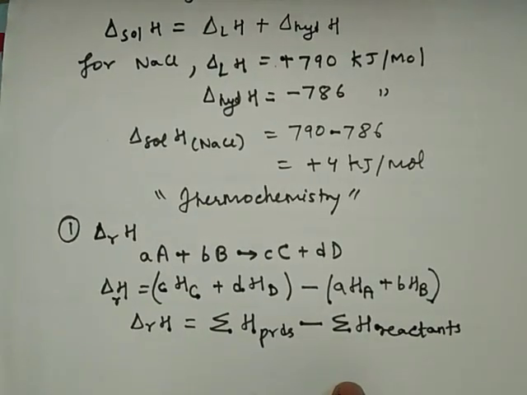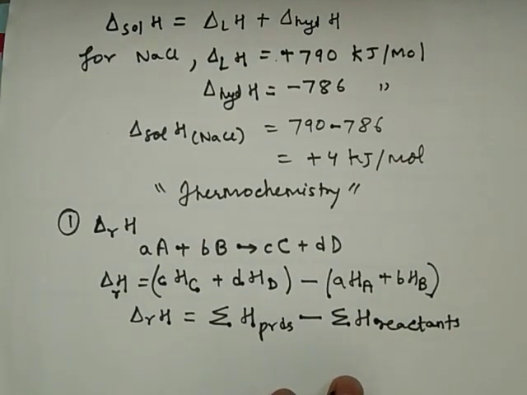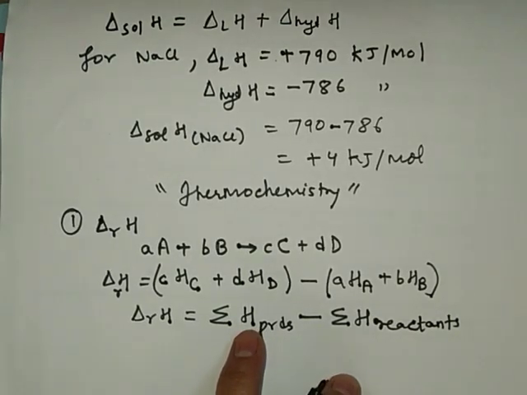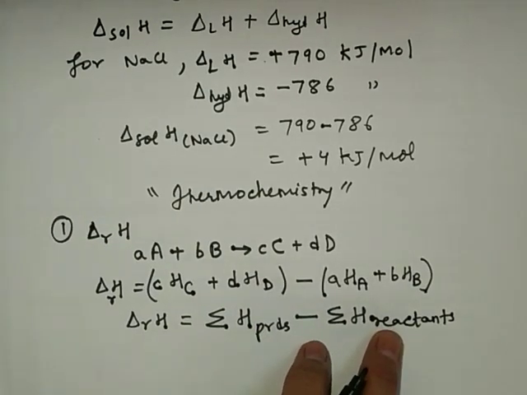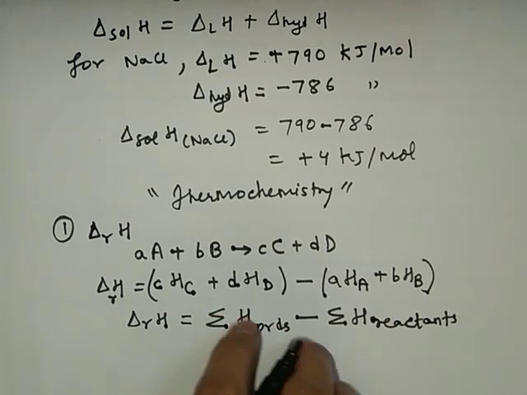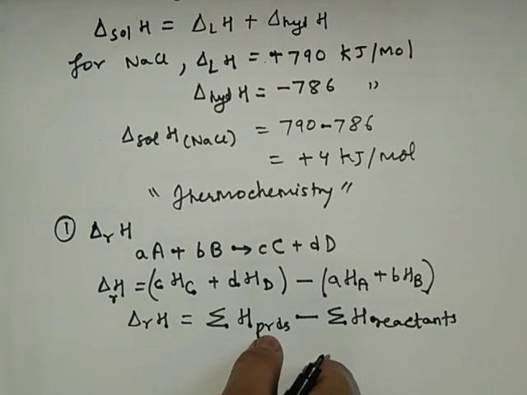Okay, so what is enthalpy of reaction, students? It is defined as the difference between the sum of enthalpy of products and that of the reactants, with each substance in a definite physical state, and their moles represented by coefficients in the balanced chemical equation.